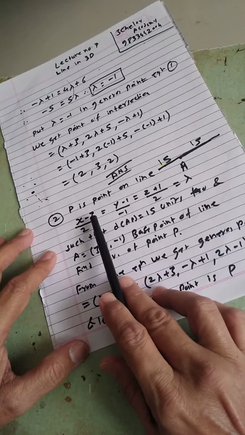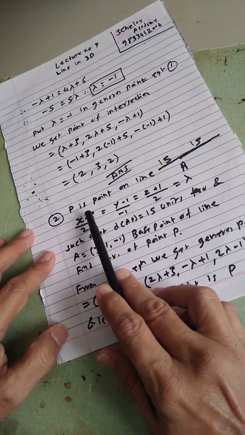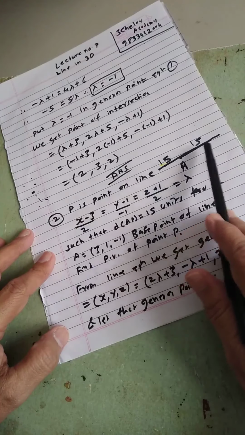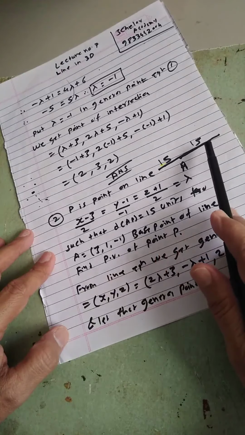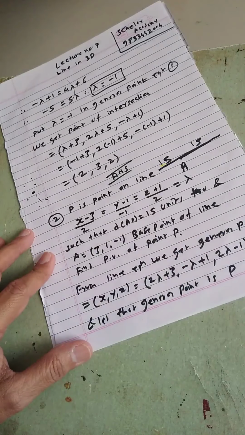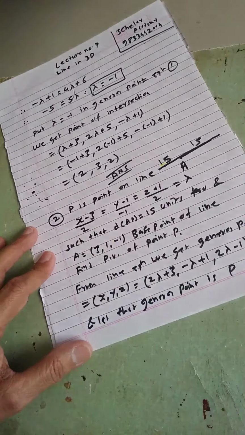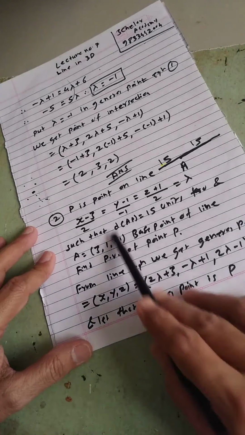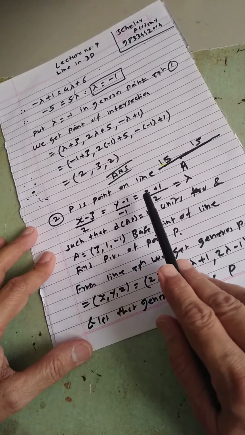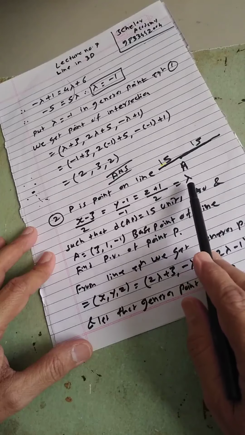Now the second problem is also quite interesting. P is a point on the line, and the line equation is (x minus 3) upon 2 is equal to (y minus 1) upon minus 1 is equal to (z plus 1) upon 2 is equal to lambda.